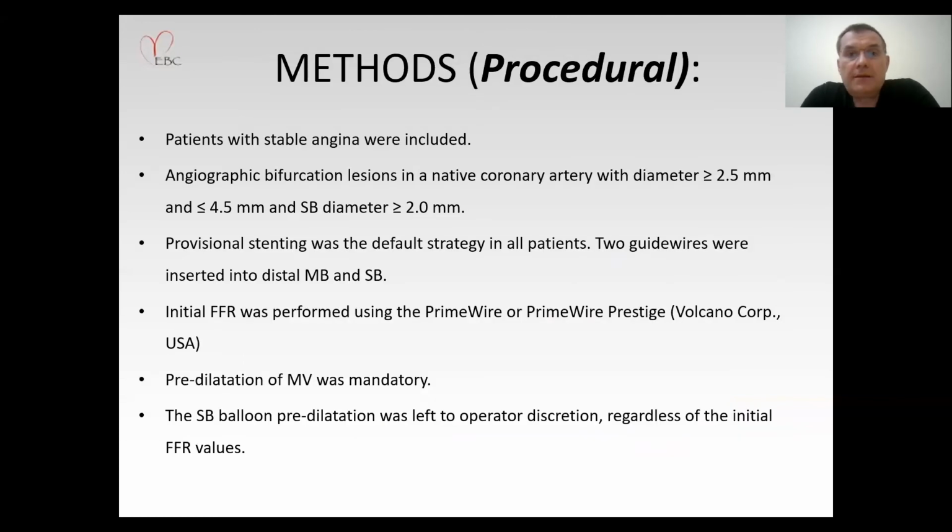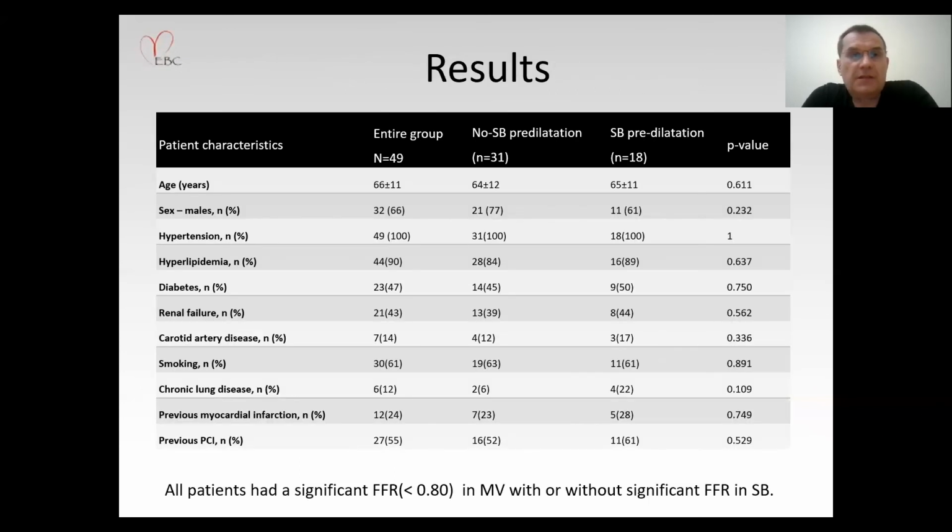We used our patient cohort from the FIESTA study for verification, and we used 49 patients to compare the results of FFR after stenting the main vessel, and we compared two groups.